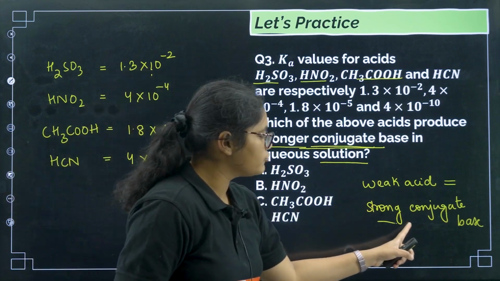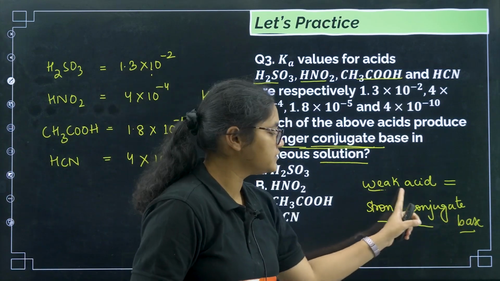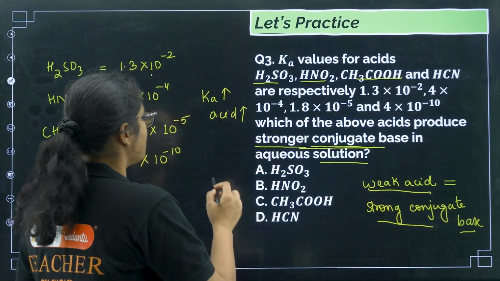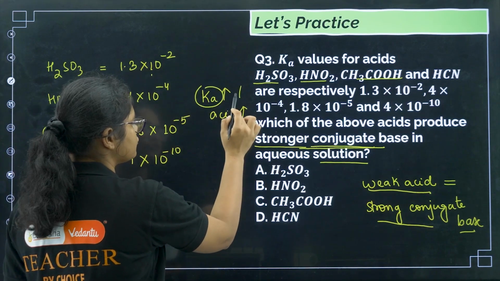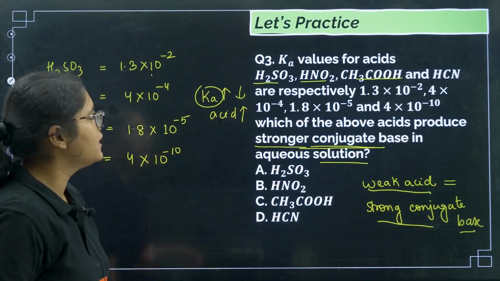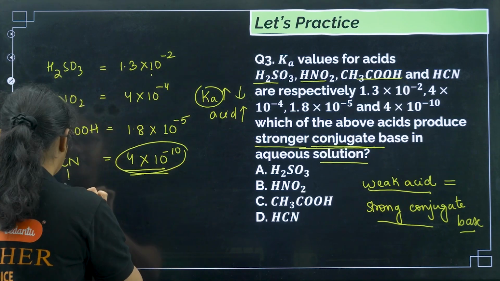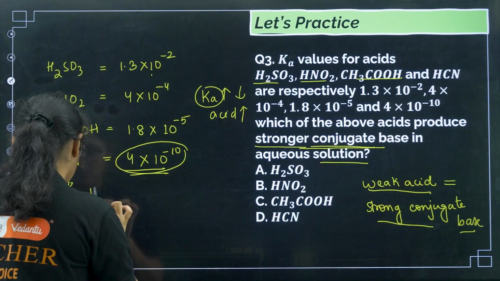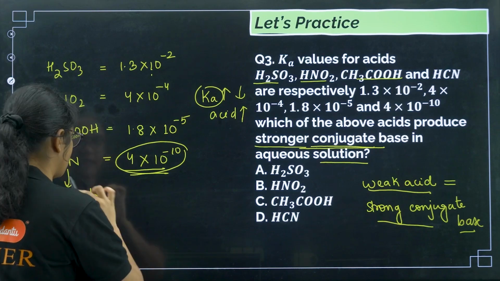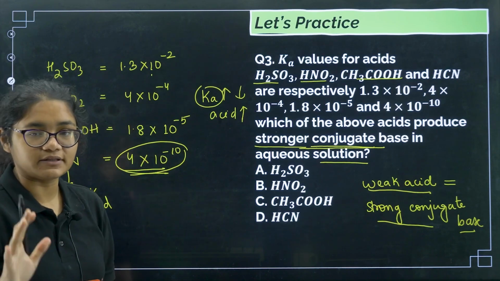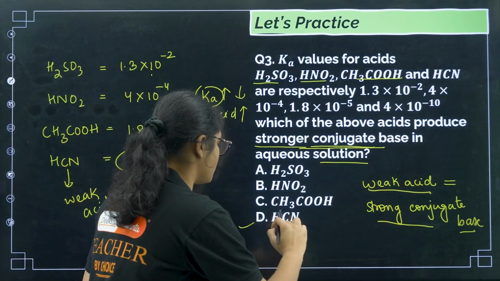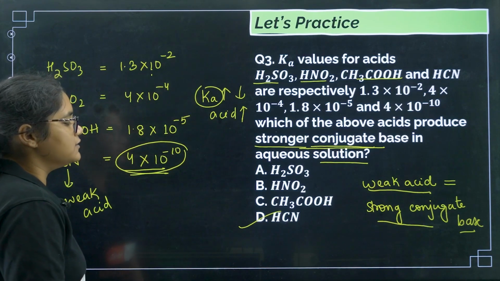So I need to search for a weak acid, and for a weak acid the Ka value should be the least. Among these, this Ka value is the least one. That means HCN is a weak acid, so its conjugate base will be the strongest one. That is why option D is the correct answer here.